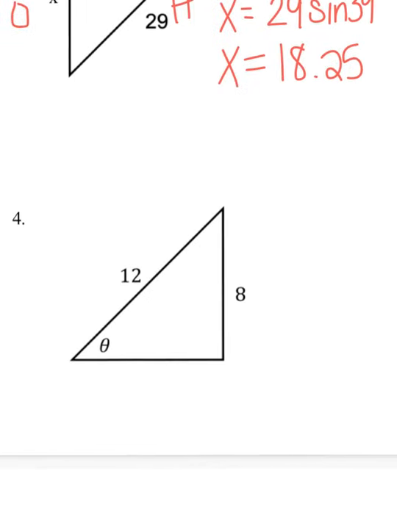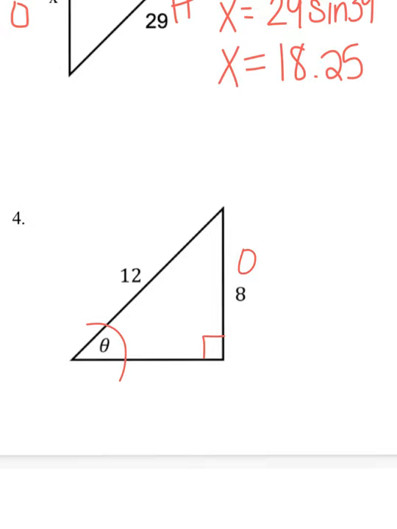And then the last one's a little different because if you look at your angle, it is theta, which is your variable. So on this last one, you're solving for the angle. So a little different. You're still going to label your side. So first step, still set up your proportion. So again, this is my right angle here. 8 is opposite theta, so that's going to be your opposite side. 12 is opposite the right angle.